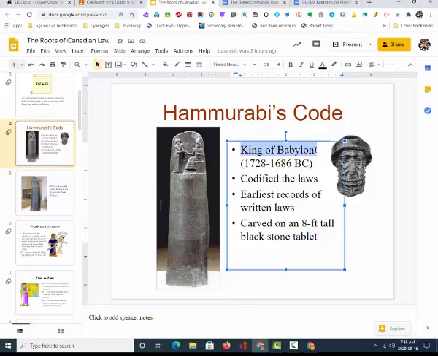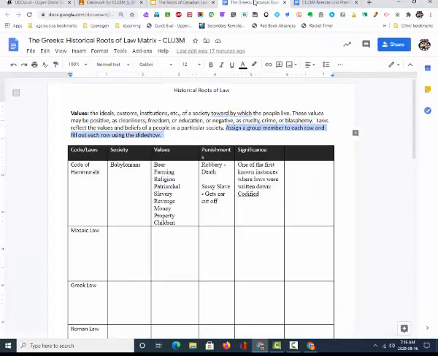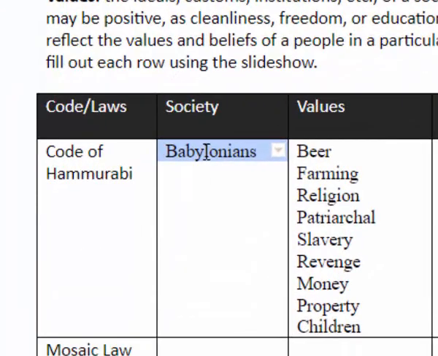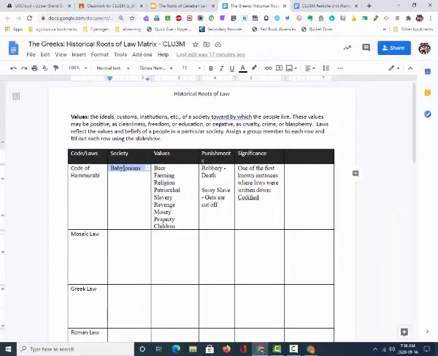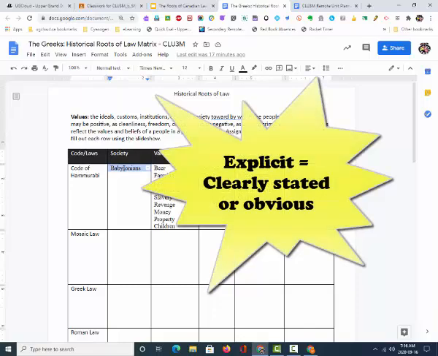Therefore, on my Historical Roots of Law matrix, I know that it was the Babylonian society. That is a piece of explicit information. That means it is written down and quite easy to find.